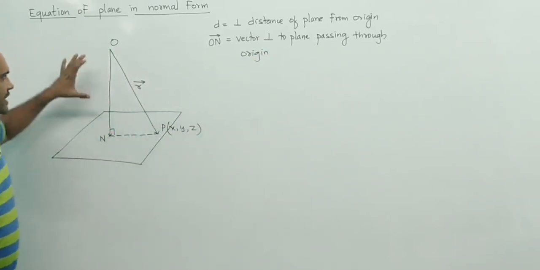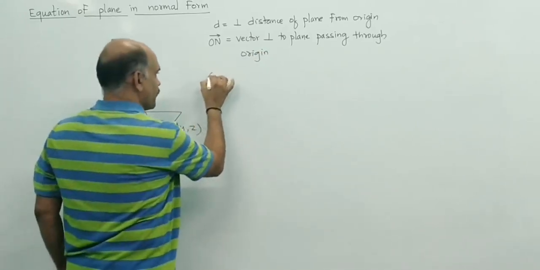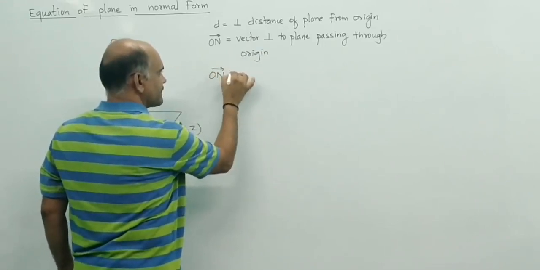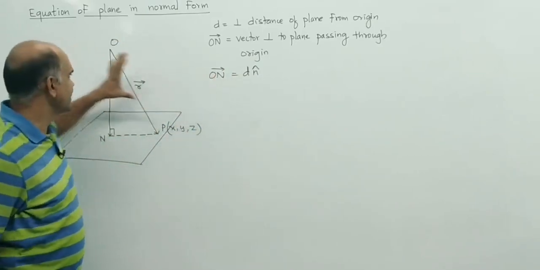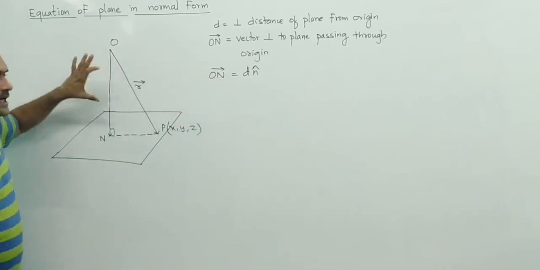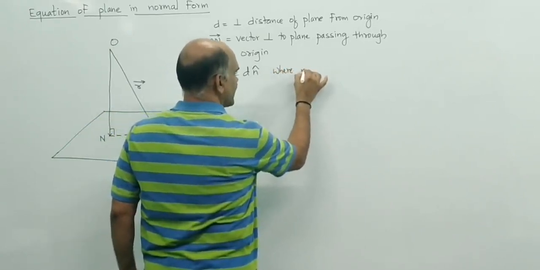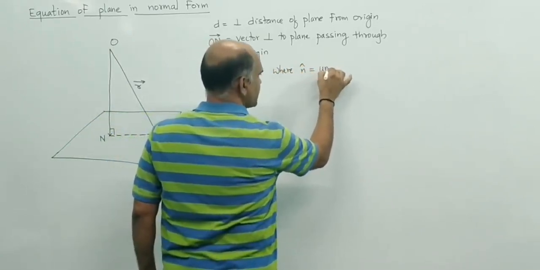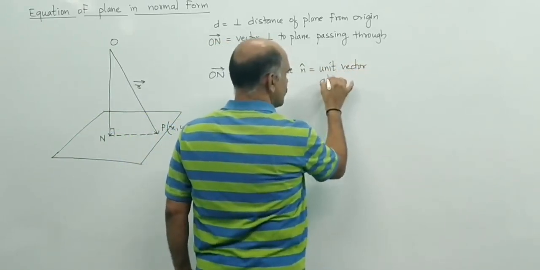So ON is a vector perpendicular to the plane passing through origin. Therefore ON is given by D into n cap, where D is this length, and n cap is the unit vector along ON.